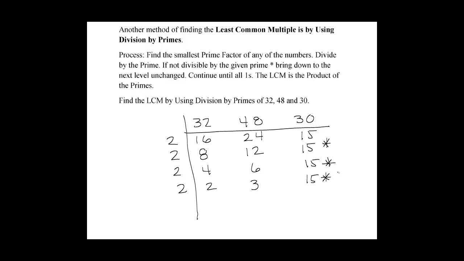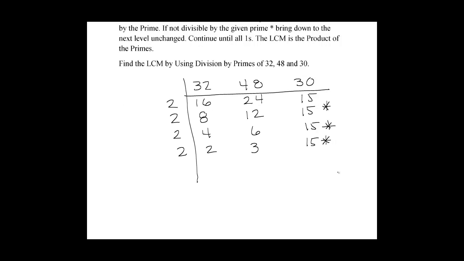Okay, so now 2 and 3, those are prime factors. So we can bring a 2 out here, then this makes this a 1, and then 3 cannot be divided by 2, so we just carry that down, and we put 15, bring that one down also, because it's still not divisible by 2. All right, now these two have a prime factor of 3.